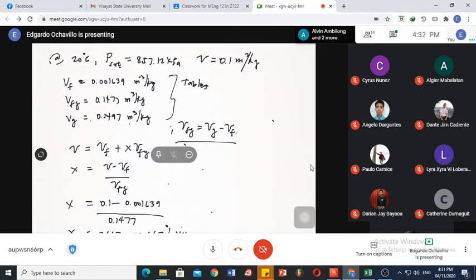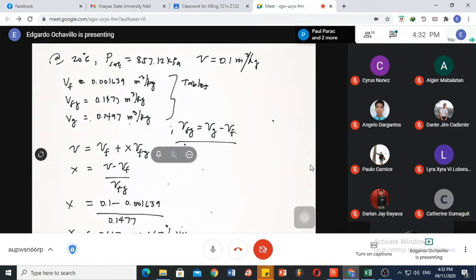Okay, so the problem states only the quality. What is the moisture content here?